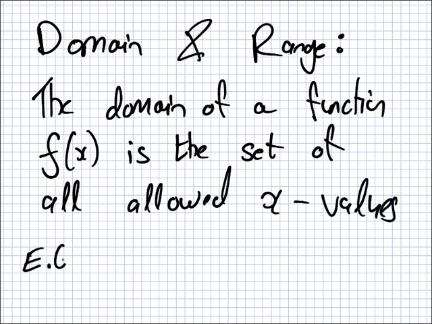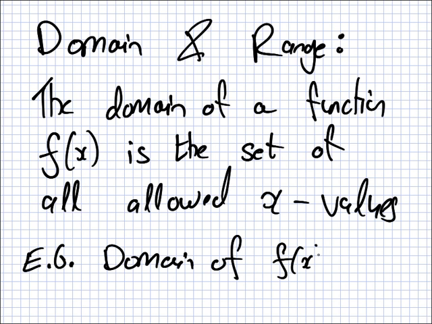Example, domain of f(x) equals root x. So tell me, in this function, square root of x, what values of x could I use and what values could I not use? I could use 1, yeah? So what's the common idea?